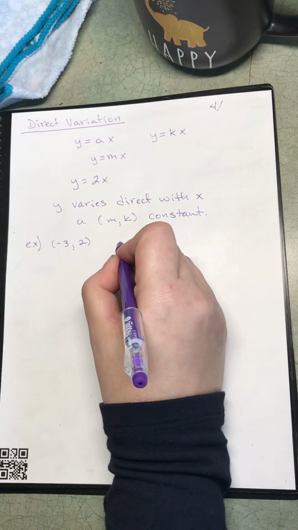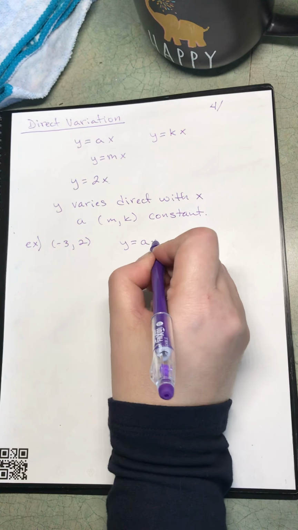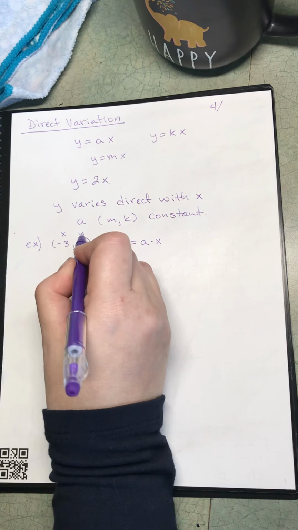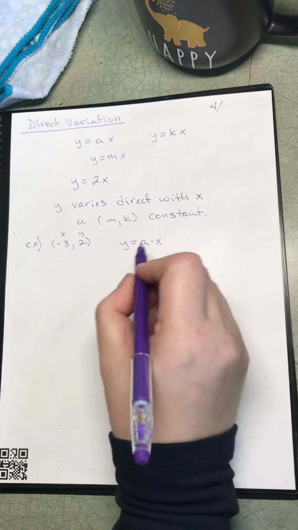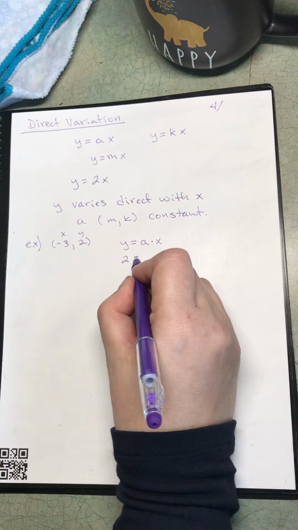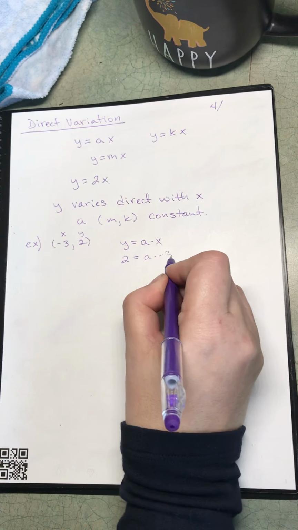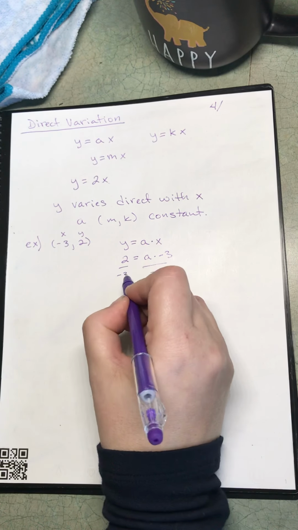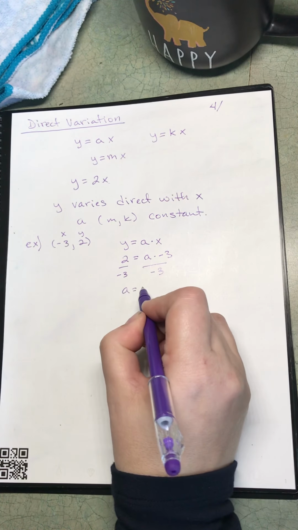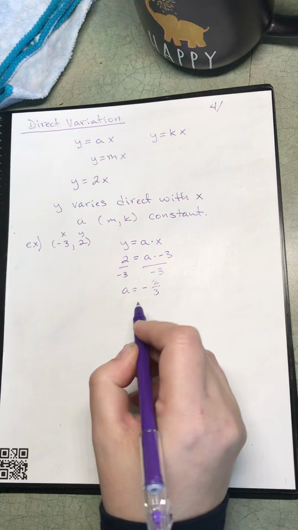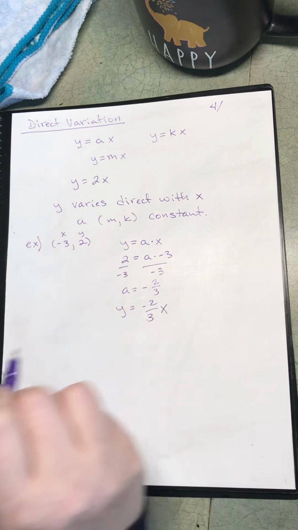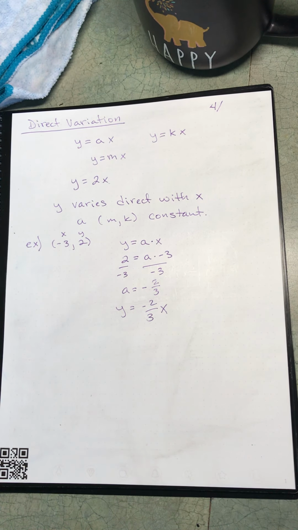If we know that y equals a times x, and I know that these are my x and y values on this line, then I can simply divide and I get a equals -2/3. So y equals -2/3 x is my direct variation equation.